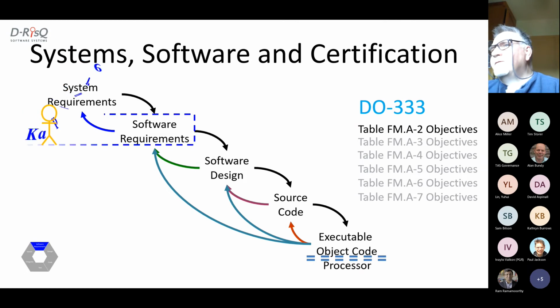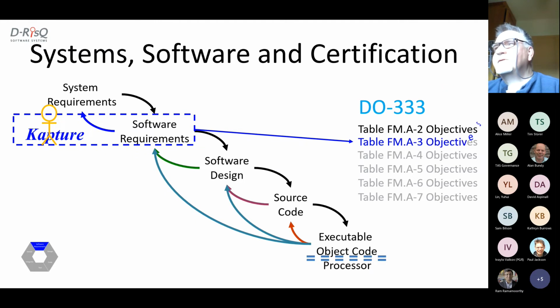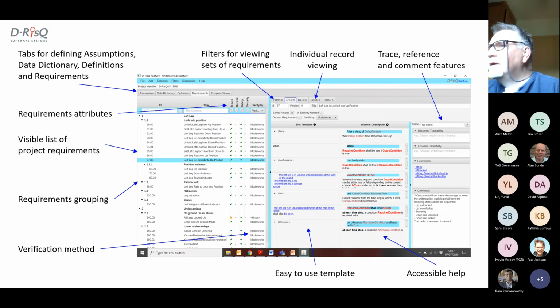So you have your human who's writing high-level software requirements using Capture. Using Capture enables this table about the verification objectives to be addressed, in this part of the agile path. And this is what Capture looks like in a snapshot.